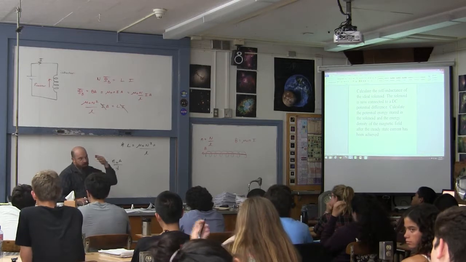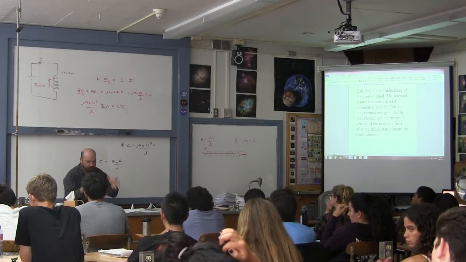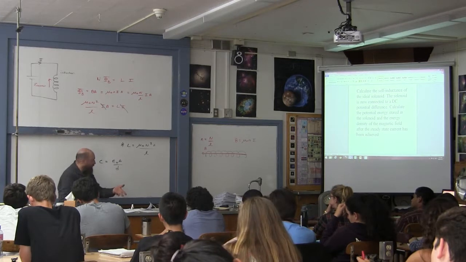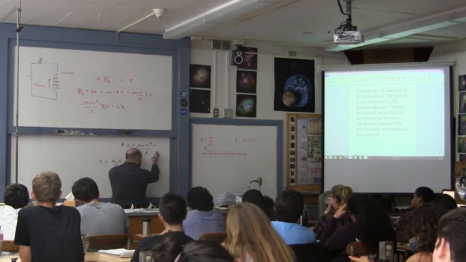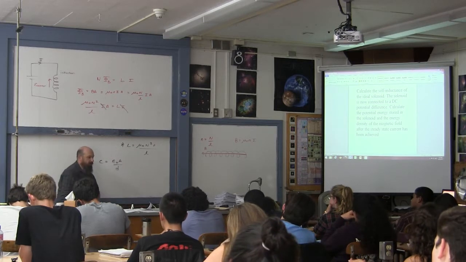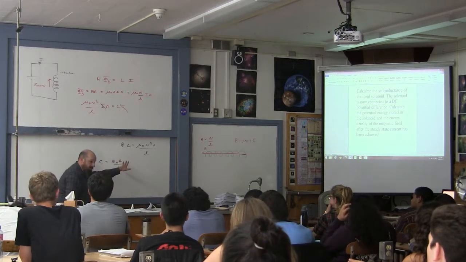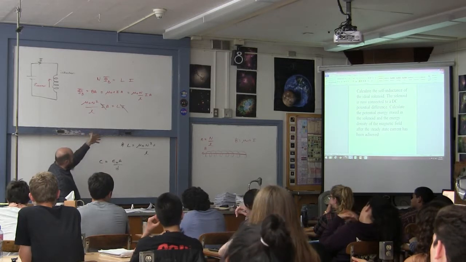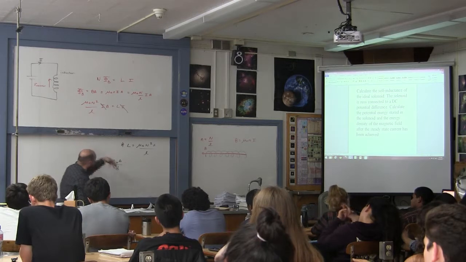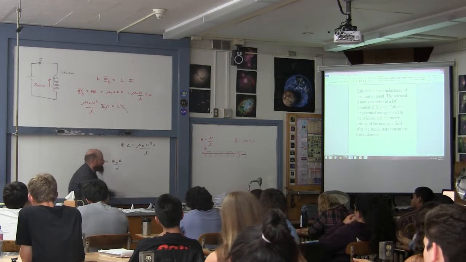How well an inductor stores energy, that counter EMF, depends upon geometry. It depends upon the self-inductance of the solenoid itself. So finding this is easy to do. It's just N phi equals L times I. We already know phi from a previous calculation. Plug it in, and we just end up with this.